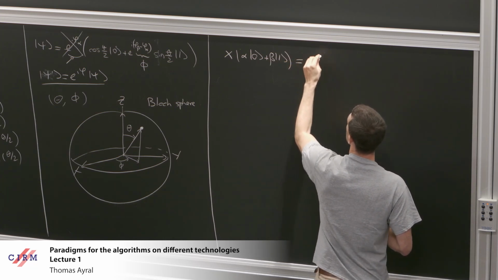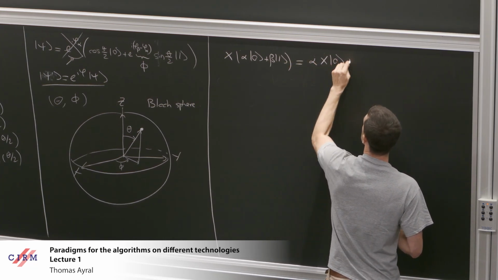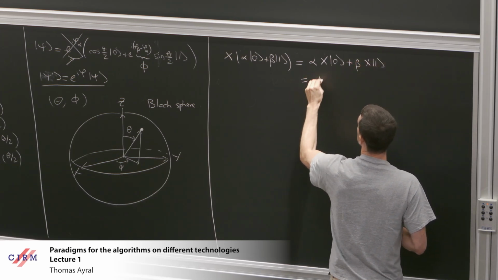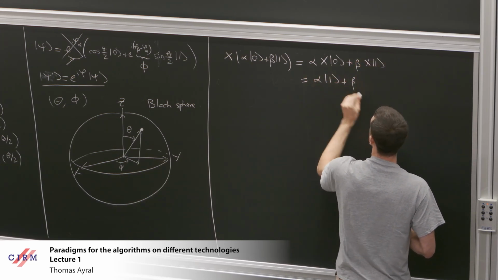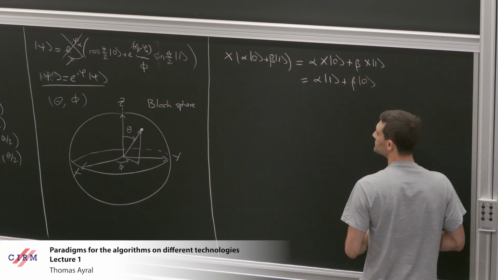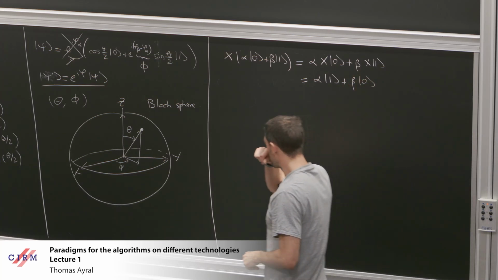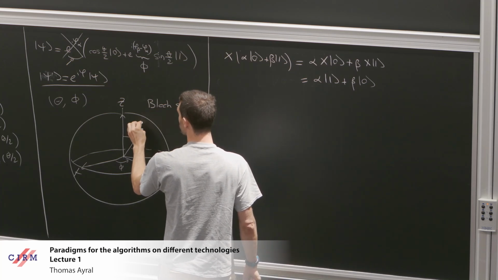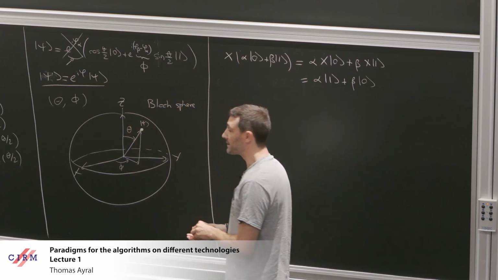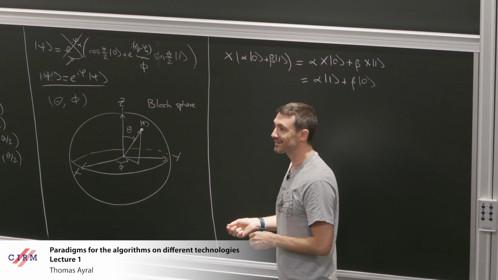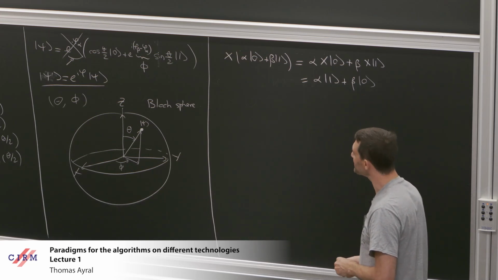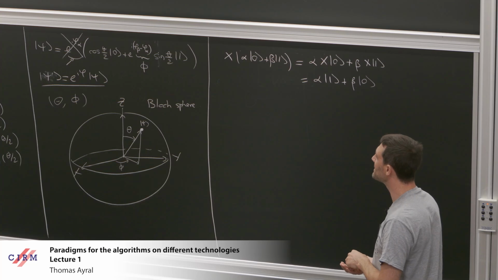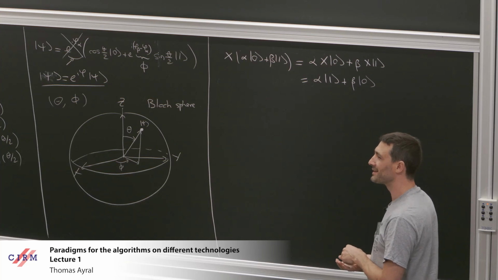So you obtain by linearity this, which is alpha 1 plus beta 0. So can someone tell me where this goes? So if I started with a point here, so if my psi was here, where does it end up if I apply X to it?